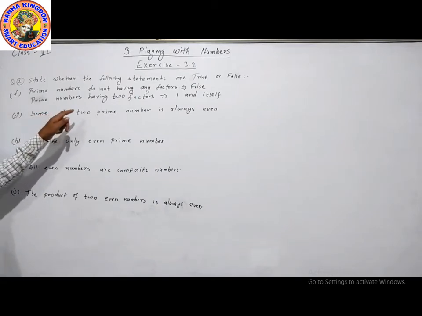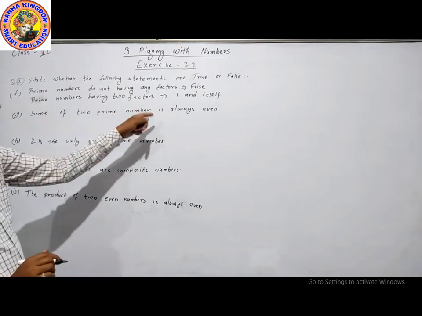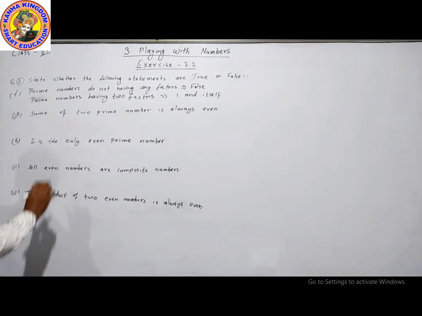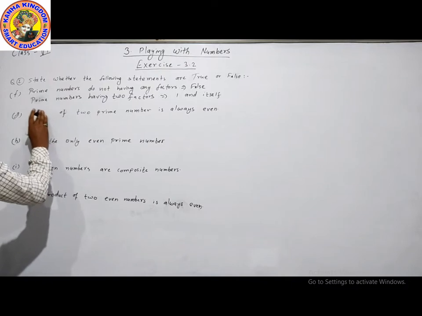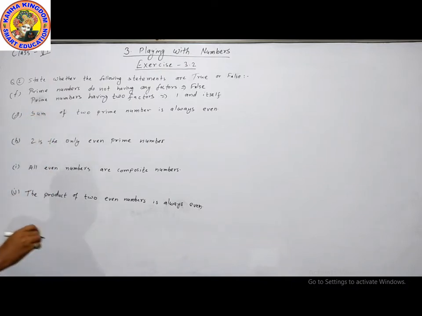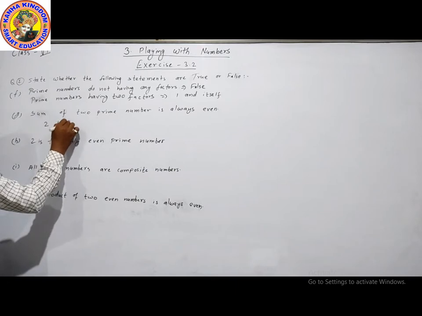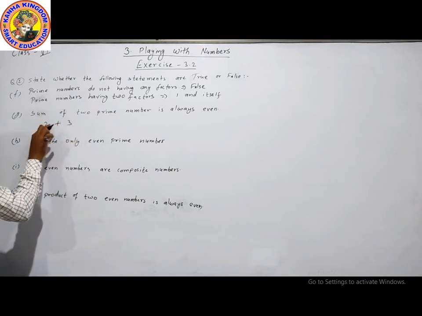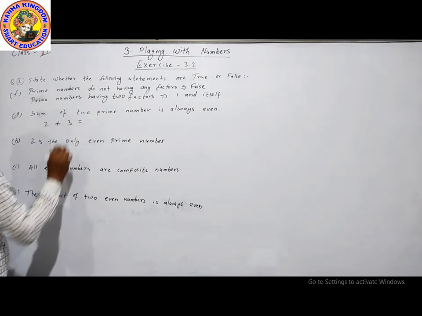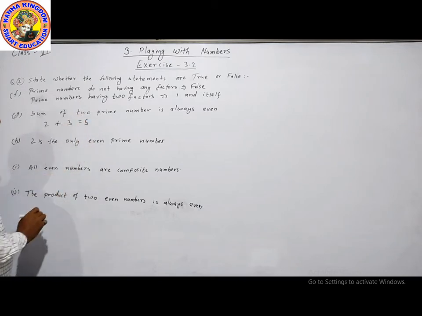The sum of two prime numbers is always even. 2 is prime, 3 is prime. The answer is 5.